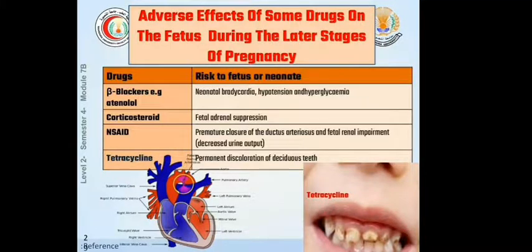If the woman is given tetracycline at later stages of pregnancy during the fetal stage, it may lead to permanent discoloration of the deciduous teeth of her child after birth.